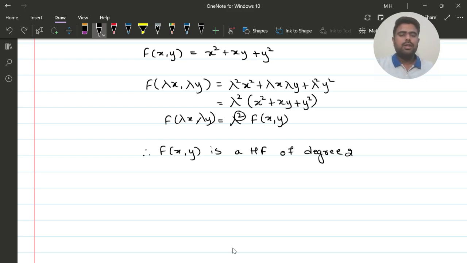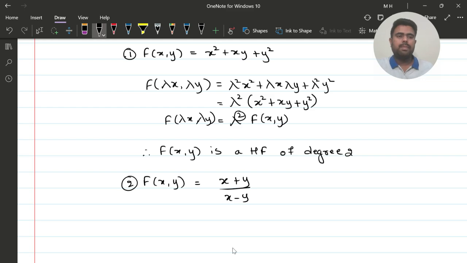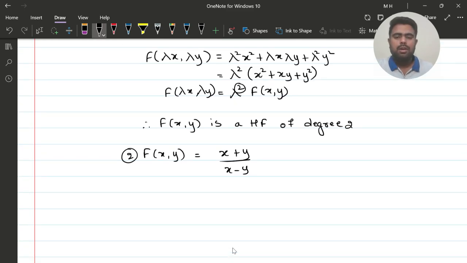Consider one more example, example 2. Let f of x comma y be equal to x cube plus y cube divided by x cube minus y cube; anything is fine.